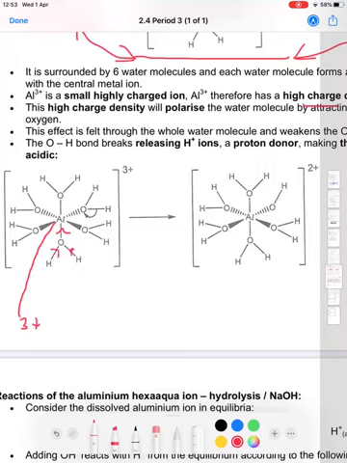So all of the oxygen-hydrogen bonds in the waters in this, what we call a complex ion here, are actually slightly weaker than the normal oxygen-hydrogen bond in water, because the electrons have been pulled towards the aluminium all the way through the molecule.